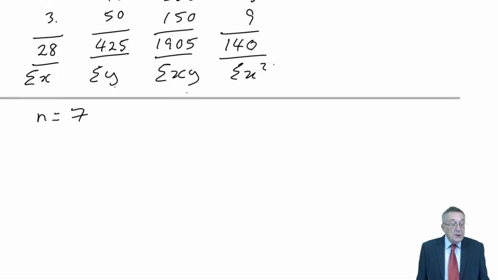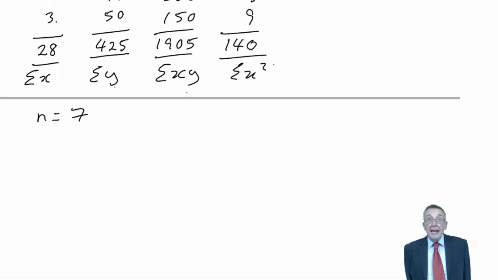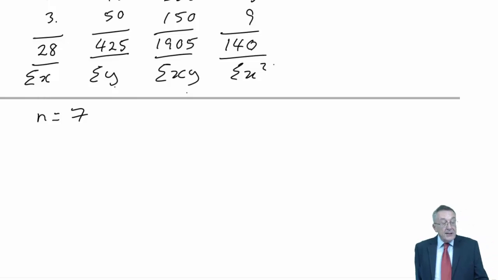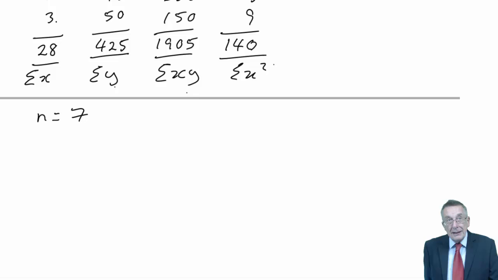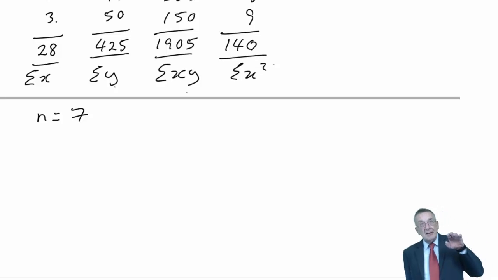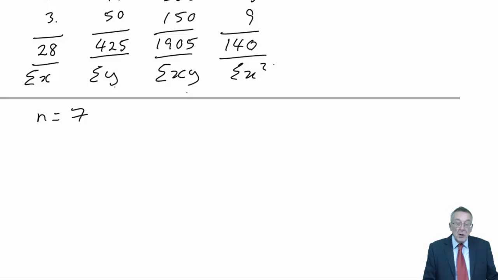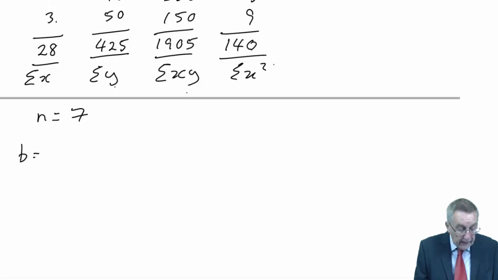But if you look at the two, we're trying to work out A and B. The formula for A, sigma y over n minus b sigma x over n, has B in it. So we have to work out B first, and then we can use our value for B to work out A. So let's work out B.